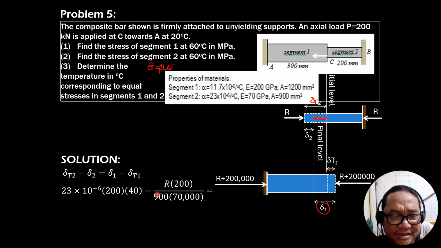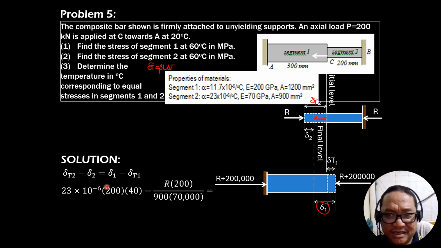Then minus stress in segment 2, which is the axial force in segment 2, which is R, length 200, divided by area of segment 2, 900 mm squared, then modulus of elasticity 70,000 megapascals. So deflection in mm, force in newtons, then modulus of elasticity in megapascals.